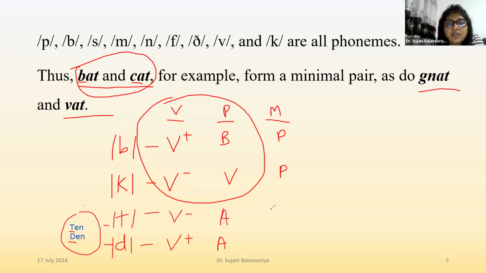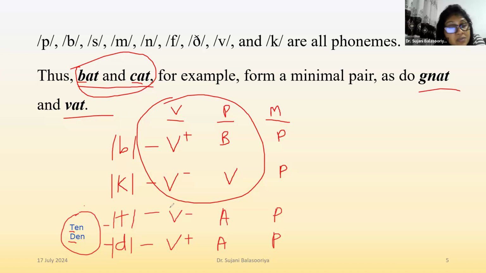And what about the manner? Manner of articulation, third: these two sounds are also plosives or stop consonants. T is a stop consonant and d is also a stop or plosive. Now, in this minimal pair, ten and den are a pair of words which are different from each other, and the difference is caused by t and d.